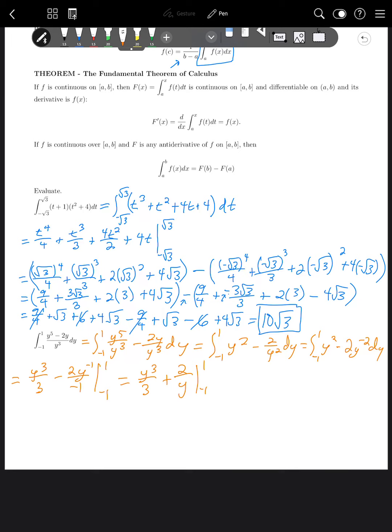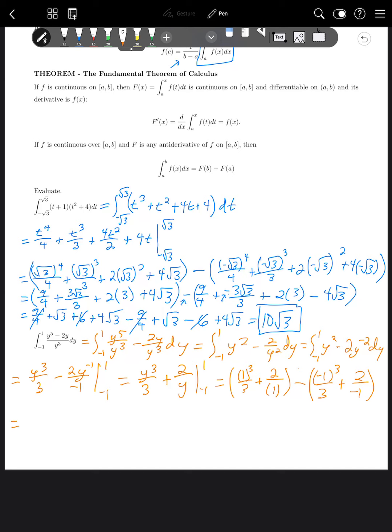Okay, and so now we can plug those two values in. So this will be 1 cubed over 3 plus 2 over 1 minus -1 cubed over 3 plus 2 over -1, and we can just simplify.